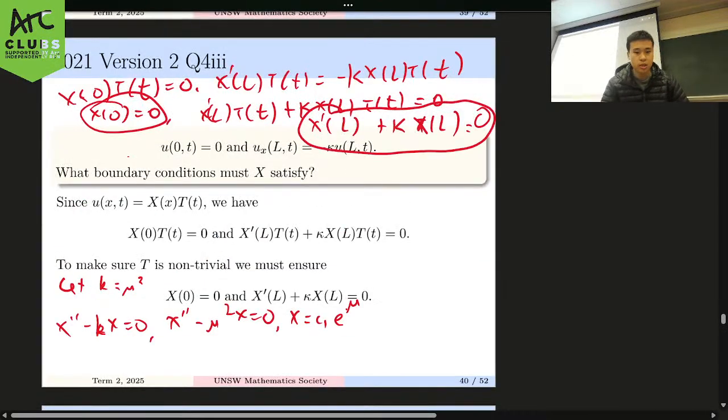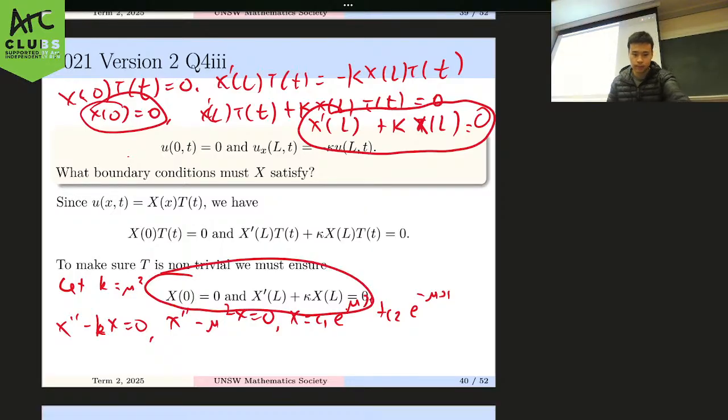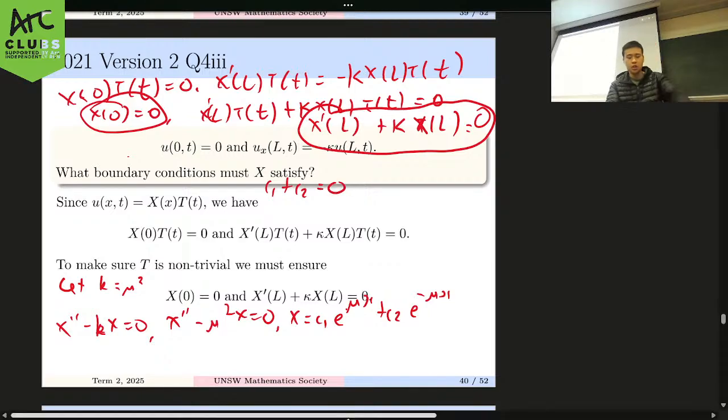So yeah, x plus c2 e to the minus mu x. So that's going to be the general formula, but we just need to make sure it's in line with this essentially. So when we sub in x is equal to little x 0, big X is 0, so it's c1 e to the 0, so 1, plus c2 is equal to 0. It's the first condition.